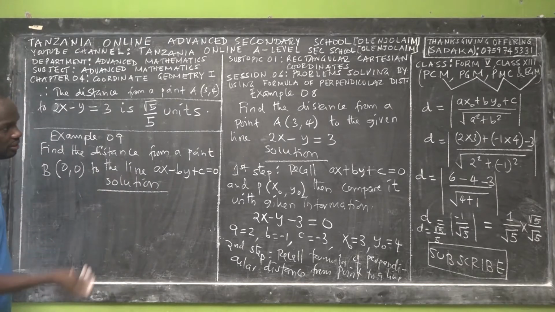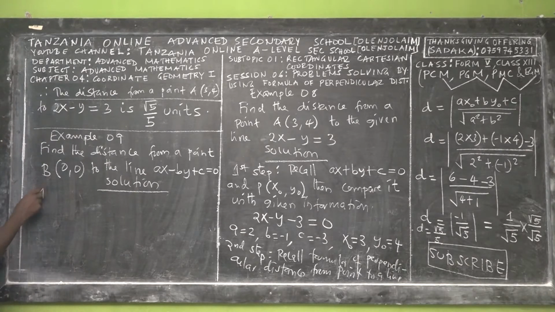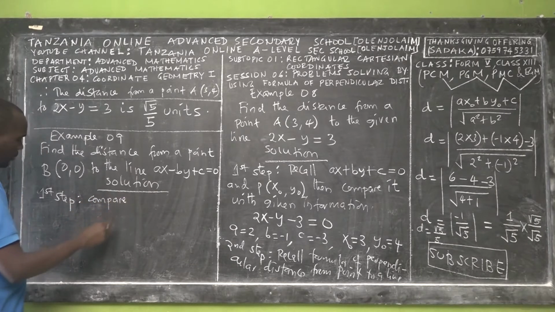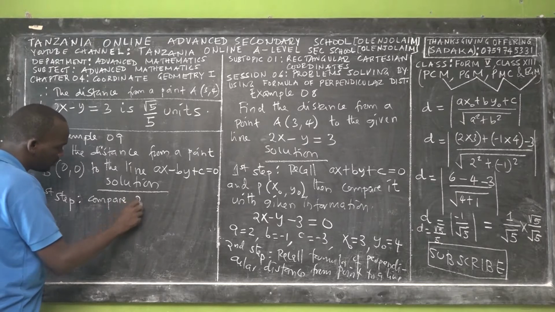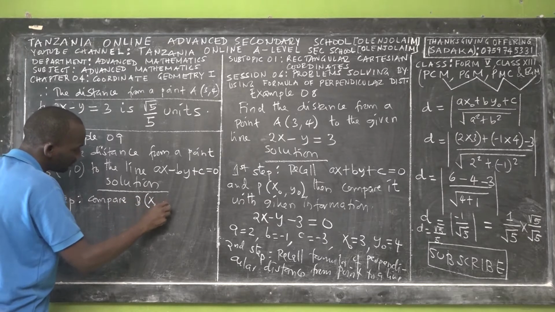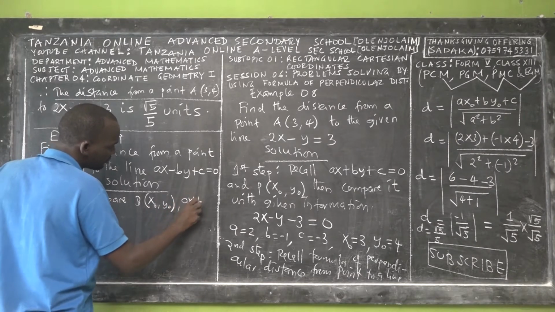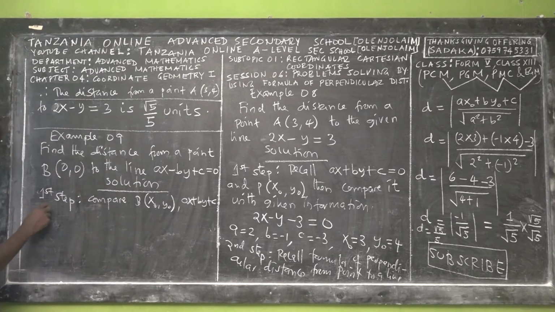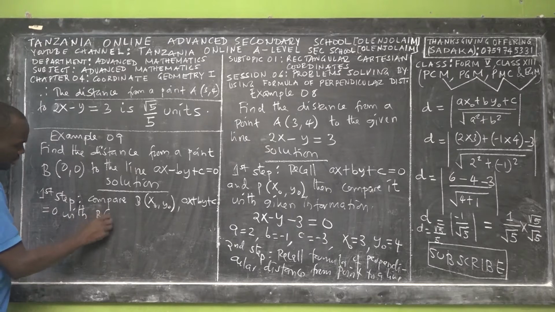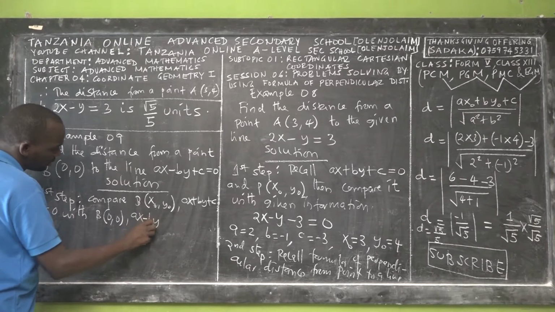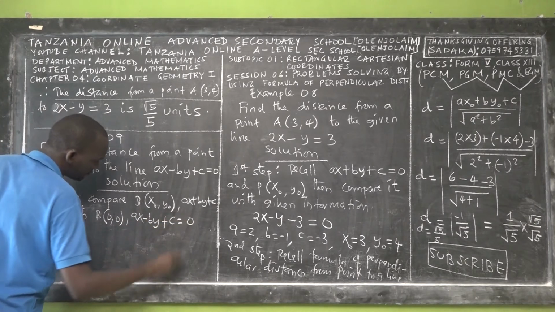Remember that we follow 2 steps, then we are done. It is simple. First step, we compare the point B, which is x naught and y naught, and the line ax plus by plus c is equal to 0, with point (0, 0) and the line ax minus by plus c is equal to 0.